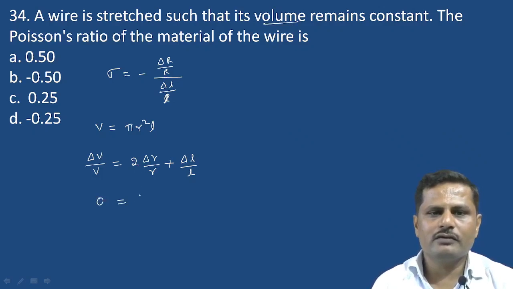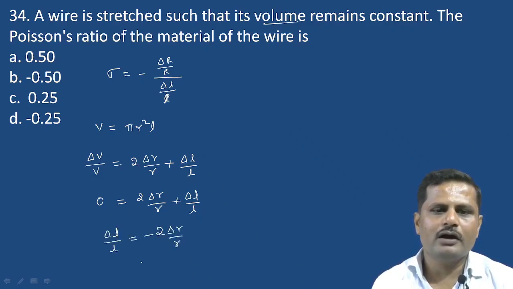So 2 delta R divided by R plus delta L divided by L is equal to 0. Therefore delta L divided by L is equal to minus 2 delta R divided by R. So minus delta R divided by R is equal to 1 divided by 2 delta L divided by L.